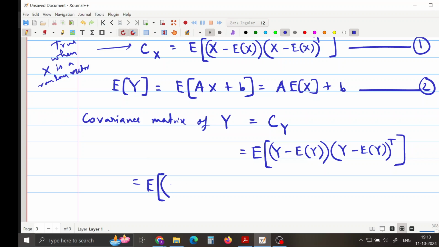I know y equals ax plus b, and the expectation of y we have just calculated in equation 2.